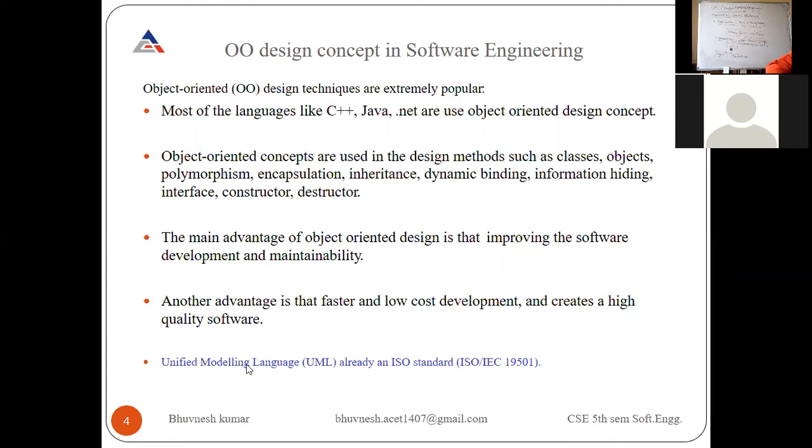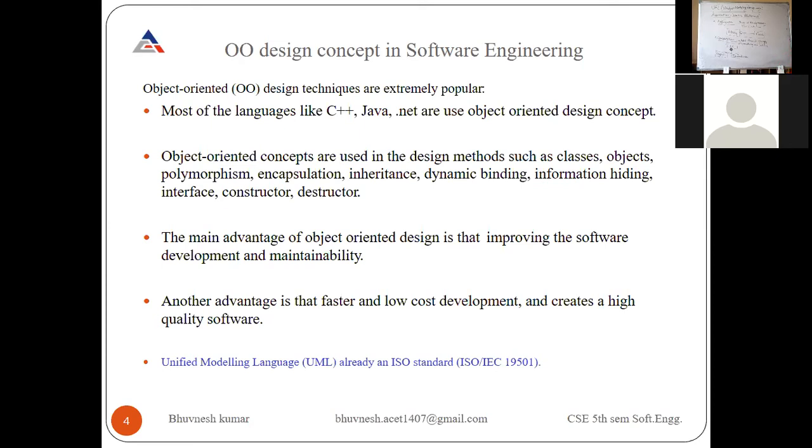Further, the Unified Modeling Language already has an ISO standard. Your UML language passes through a standard, and that standard is ISO IEC 19501. This is the standard name for designing your product with the concept of UML.